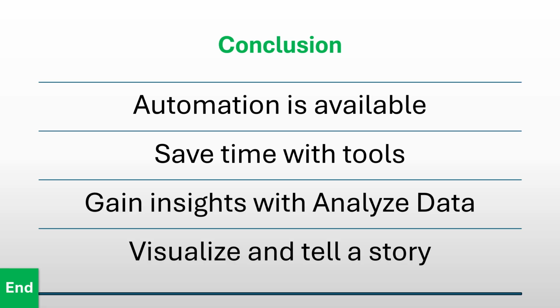We can gain some quick, efficient insight into our data set. And at the end of the day, we want to be able to create a visual and tell a story from our data set.